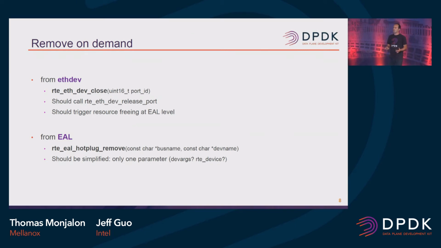Currently, it's not really used like that because the close function is not fully releasing the port and it's not releasing the hardware resources. But it can be improved. And from EAL, we have an API, hotplug remove, which is ready to remove the hardware resources. And obviously, when removing the hardware resources, you trigger the removal of the ports.